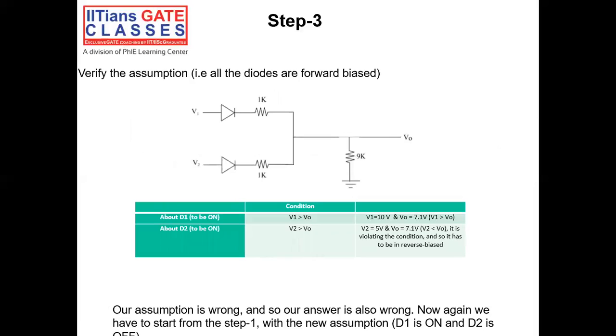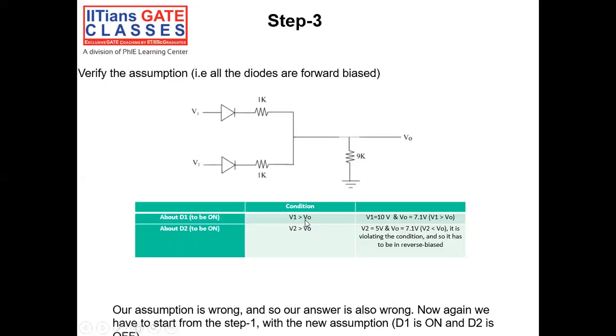What was the assumption in step 1? It was that all the diodes are forward biased, correct? So now we'll verify. This is D1 and this is D2. For D1 to be on, the anode potential should be greater than the cathode potential. So the condition for diode D1 to be on is V1 should be greater than V naught.